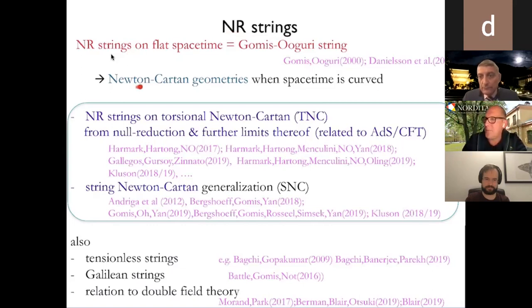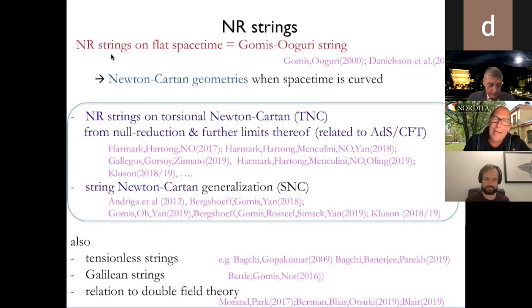And you find various types of Newton-Cartan geometries were proposed. In one approach that used null reduction, a formulation was found in terms of non-relativistic strings on so-called torsional Newton-Cartan backgrounds. And in another closely related formulation, non-relativistic strings on a target space called string Newton-Cartan, SNC, were found by these groups of authors.